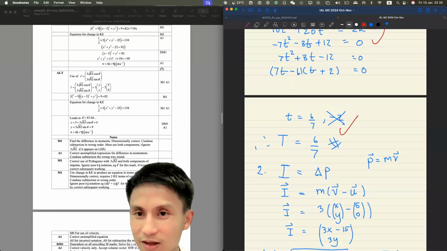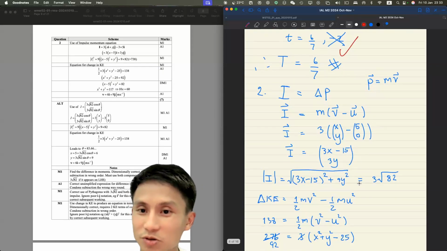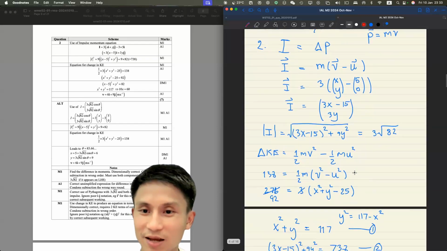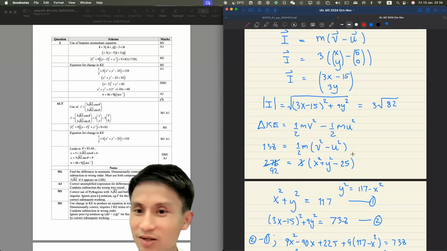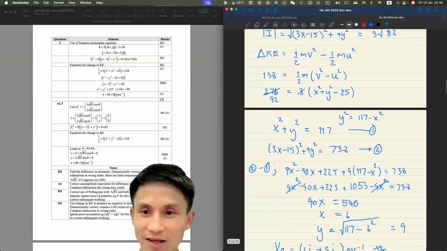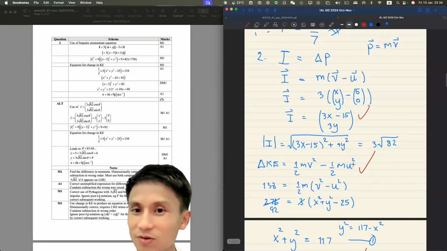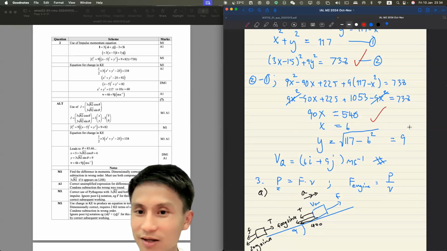Number 2, impulse. This one took away quite some of my time because I made a silly mistake here. Didn't multiply 3 into the brackets there. But I got it right here for this one. Yeah, got it.